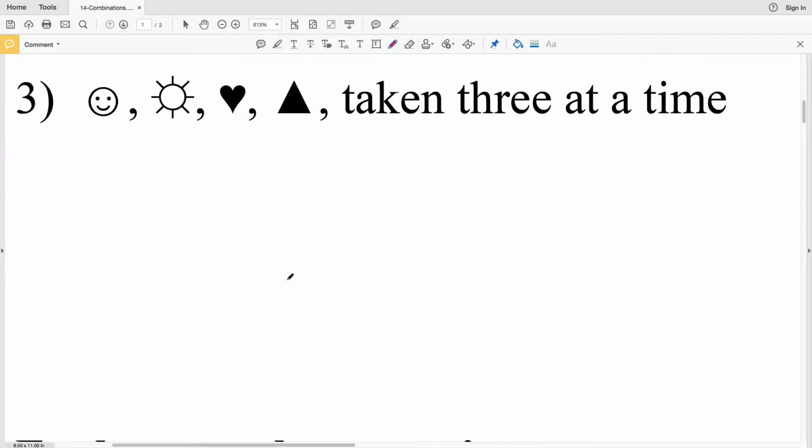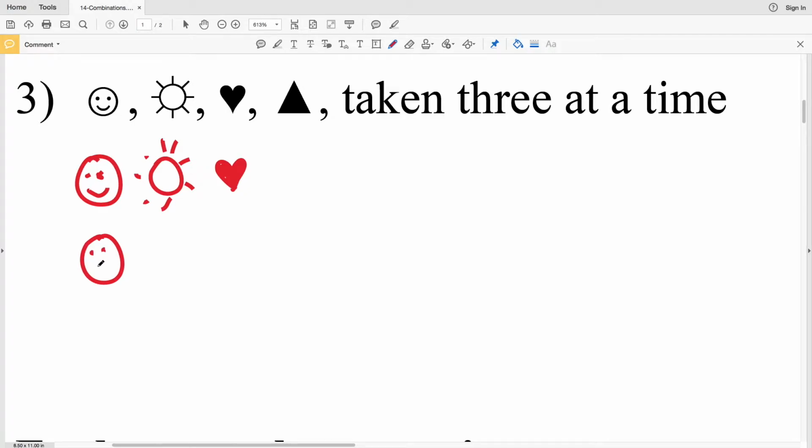And number 3, we have smile, sun, heart, and triangle taken 3 at a time. So starting with smile, we can have smile, sun, and then heart. We can also have smile, sun, and triangle.